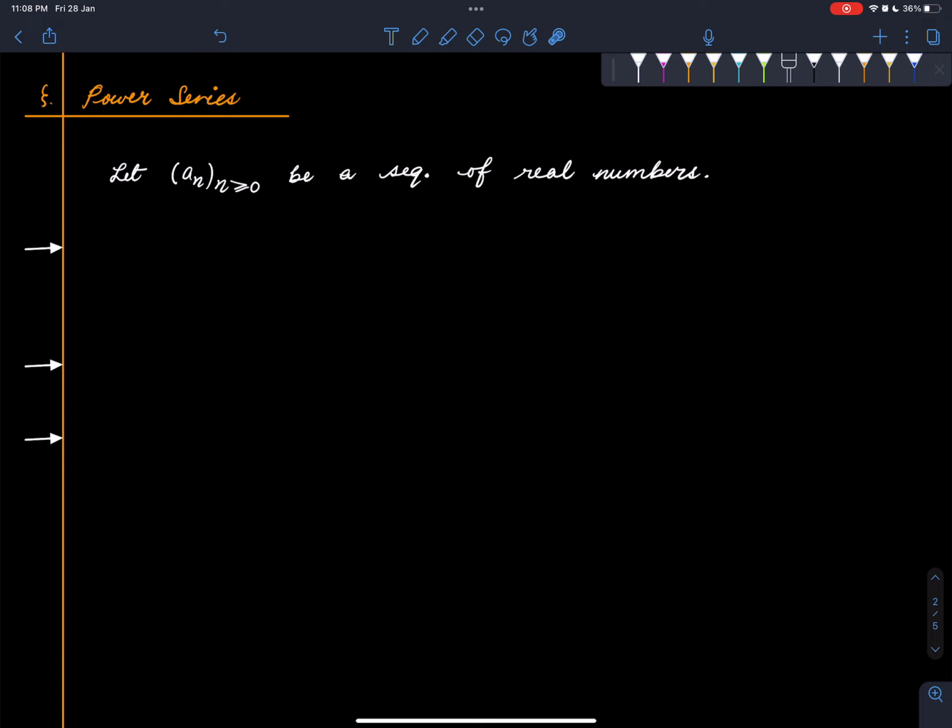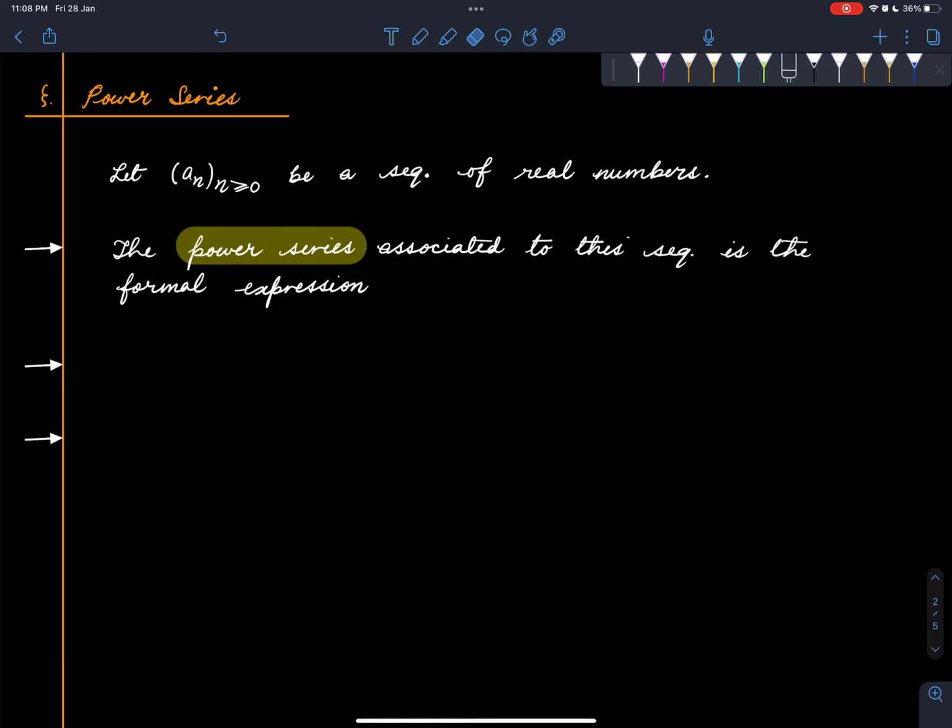Okay, so let us define what is a power series. We have a sequence of real numbers, and to this sequence of real numbers, we can associate what is called the power series of the sequence, which is just a formal expression given by this symbol. Right now, this is just a symbol.